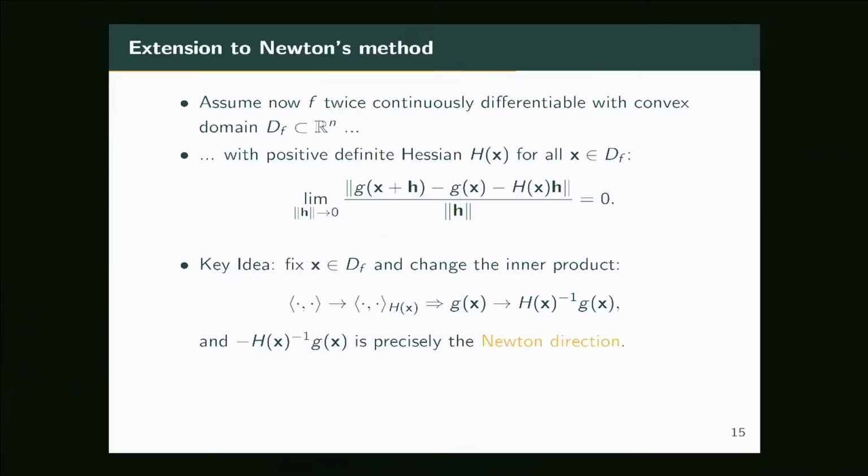And if you look at this thing, this is precisely the Newton direction, but with a minus sign. Okay, so we can obtain the Newton direction as a special case of the gradient by just changing the inner product. And so we can analyze one step of Newton's method by using a suitable inner product. Why only one step? Because the Hessian will change with x, so we're just fixing x. If we just look at what happens at the fixed x, we can analyze a step of Newton's method.